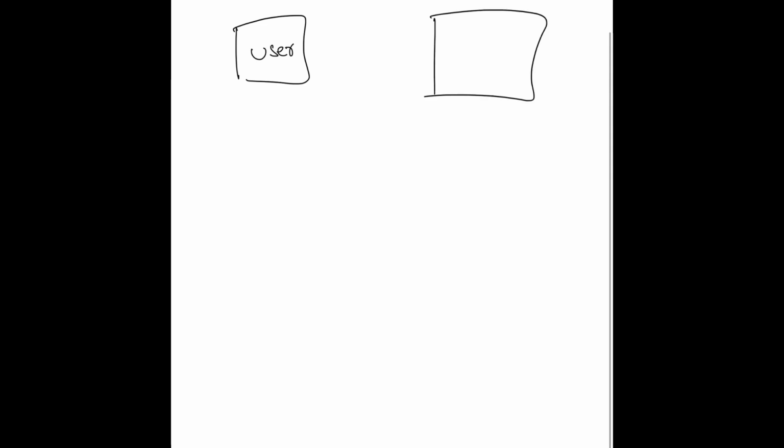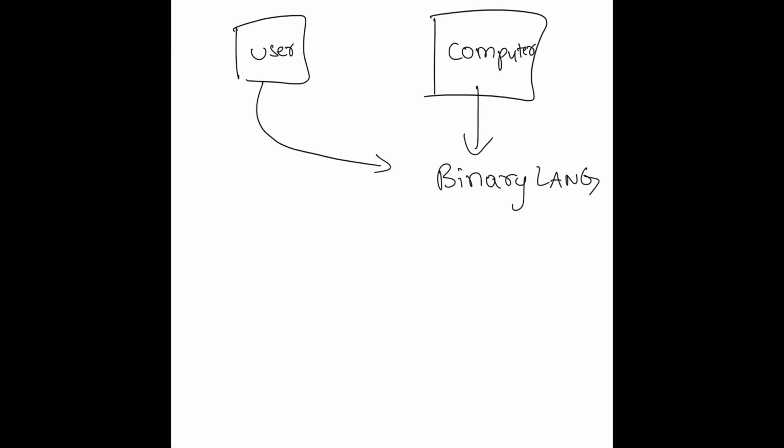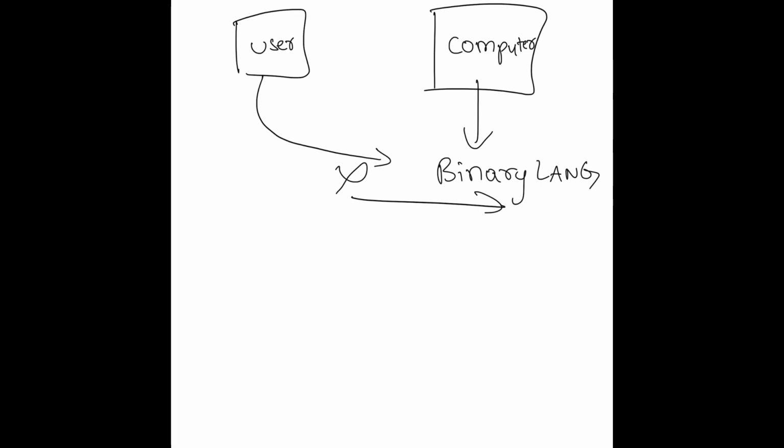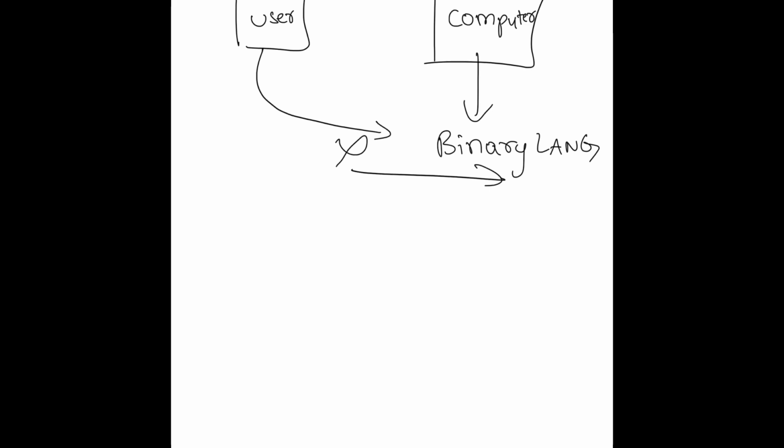Let's break it down. Let's take this as a user, and this is a computer. It processes everything in binary language. A user cannot approach a computer using binary language because no one can ever speak in binary, so we use something called computing languages.